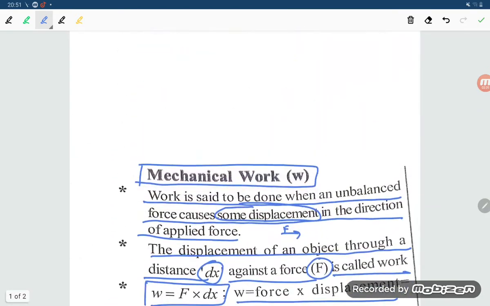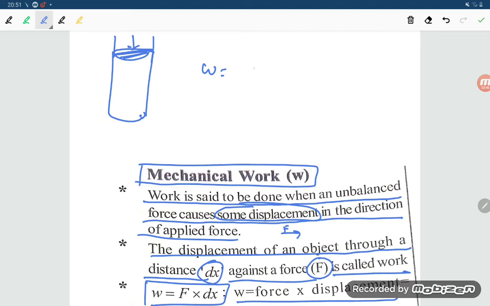Dear student, it's very simple when you understand. Suppose we have a movable piston and we are putting the external pressure. Then W is equal to force into displacement. How much displacement is there, student?